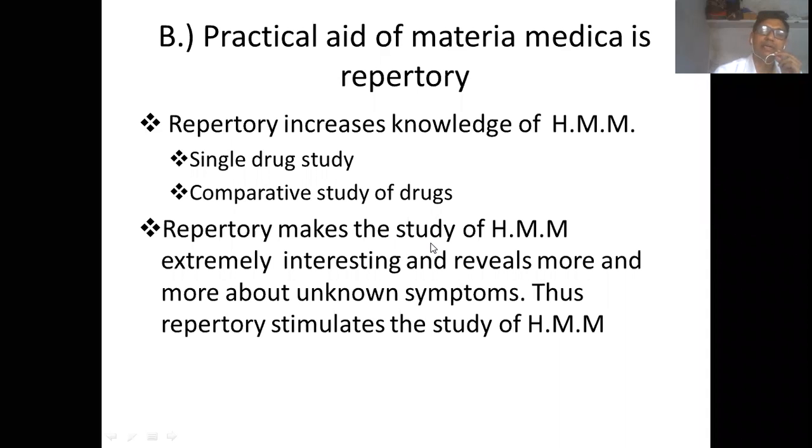So this is the second point, that repertory makes the study of homeopathic materia medica extremely interesting, and it reveals more and more about the unknown symptoms, more and more about the unknown facets of the drug.